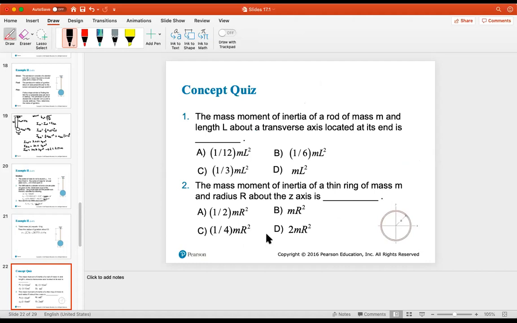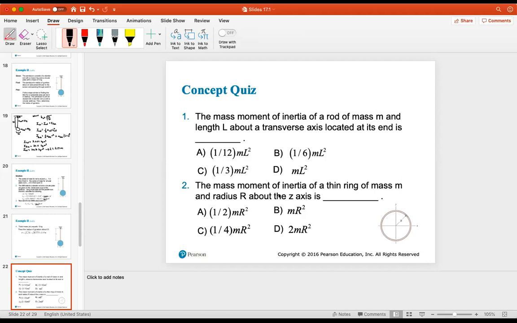All right. I'm going to leave you here with a concept quiz, and then in class we'll have a group problem. So here's the concept quiz. The mass moment of inertia of a rod of mass m and length L about a transverse axis located at its end is 1/12 mL squared, 1/3 mL squared, 1/6 mL squared, or just mL squared.